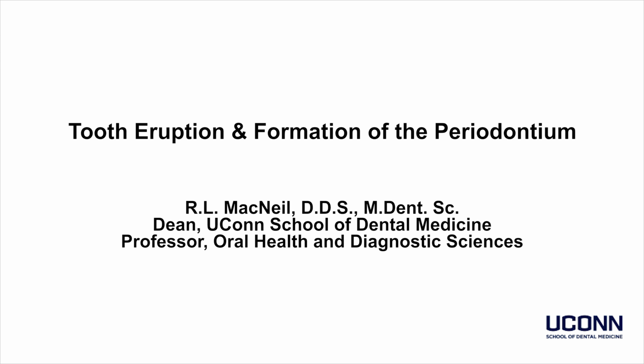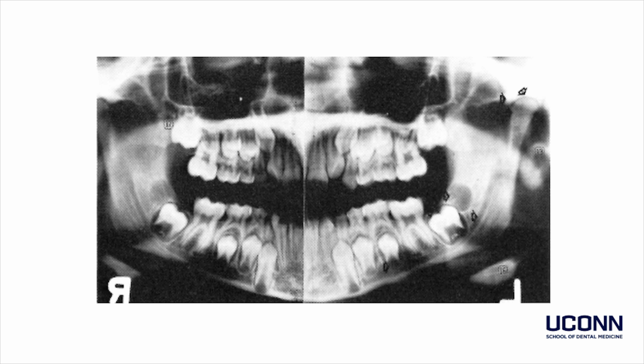This secondary cycle ranges from about 6 years of age to 20 years of age, the latter being for the eruption of the third molars or wisdom teeth. The second cycle is the one we generally focus on as it's more complex and it involves the coordination of resorption and exfoliation of the primary teeth, their replacement by succedaneous teeth, and also the eruption of the permanent molar teeth, which have no primary analogs.